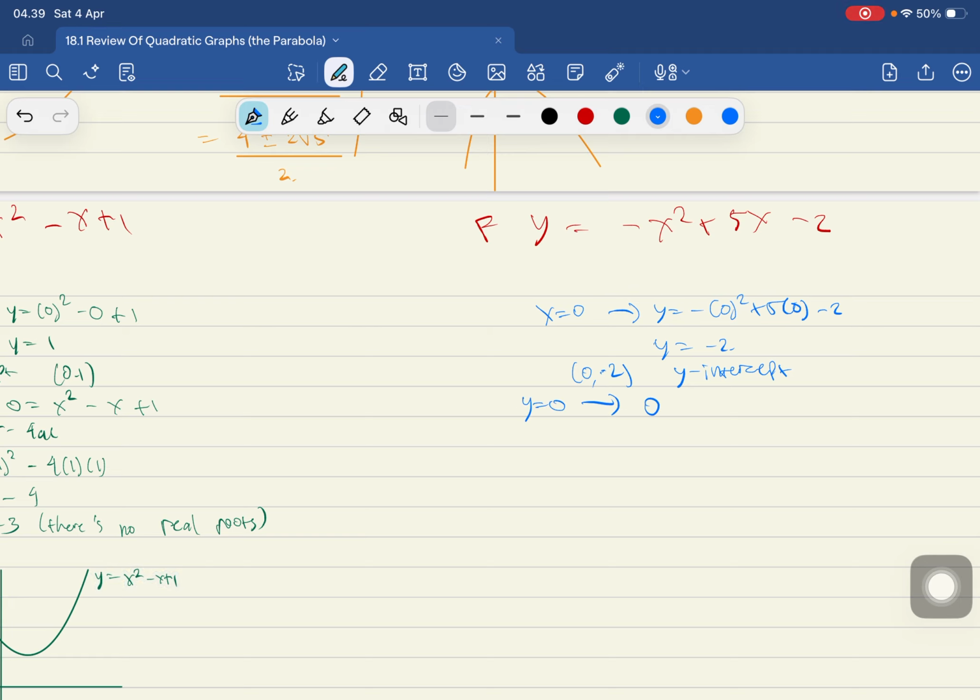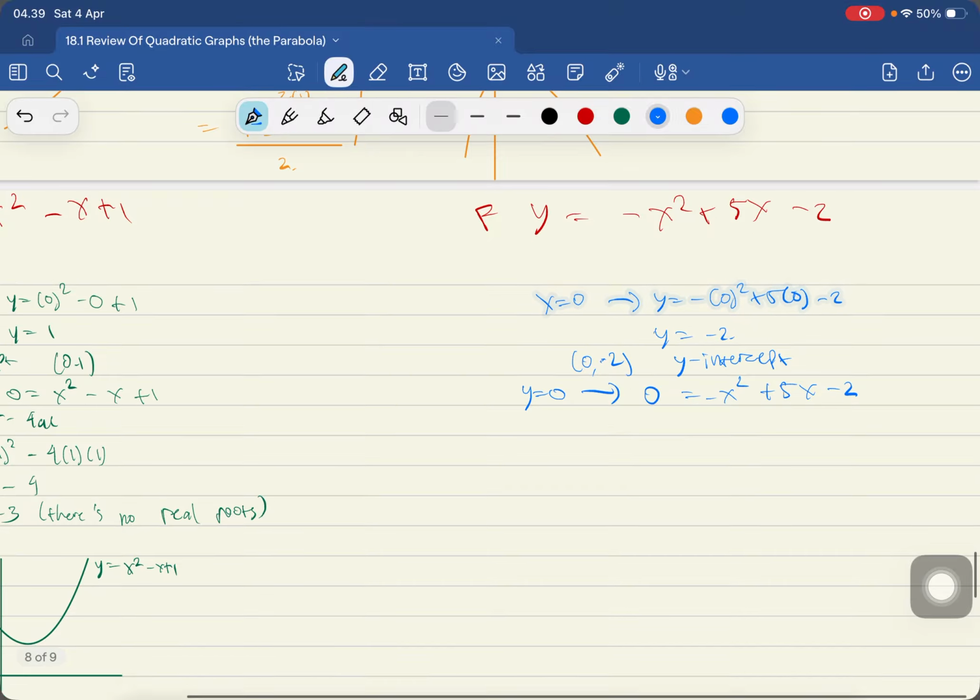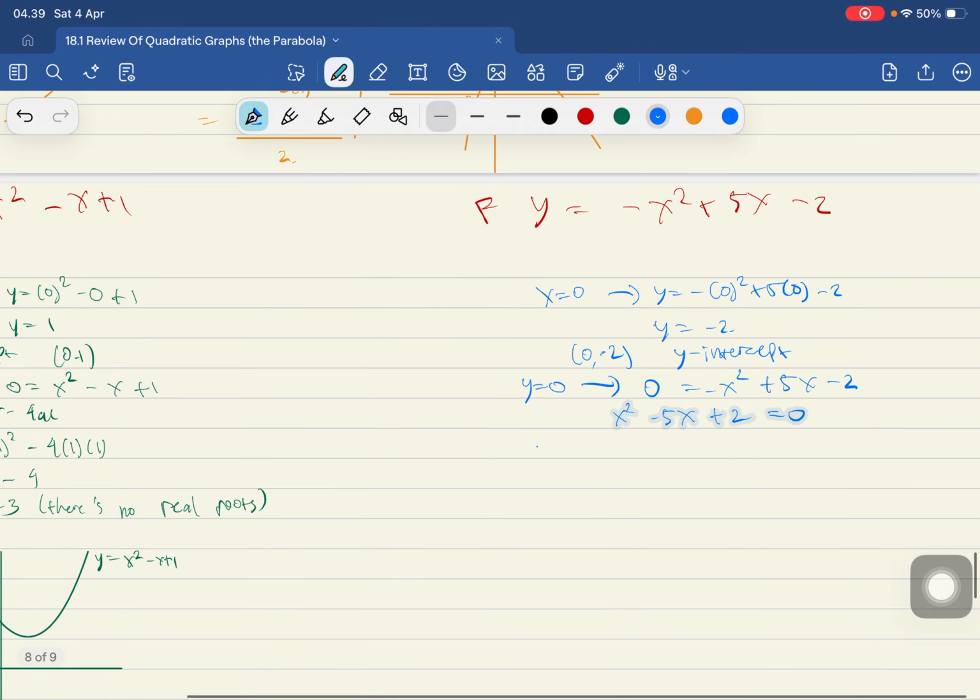It's going to be 0 equal to minus x squared plus 5x minus 2. Let's rearrange it. So x squared minus 5x plus 2 equal to 0. Let's find the discriminant to see if they have real roots.